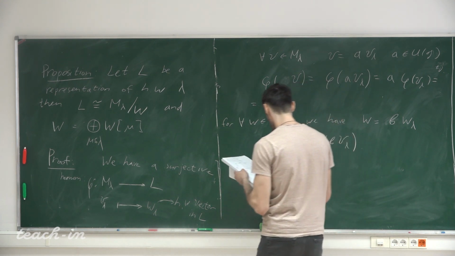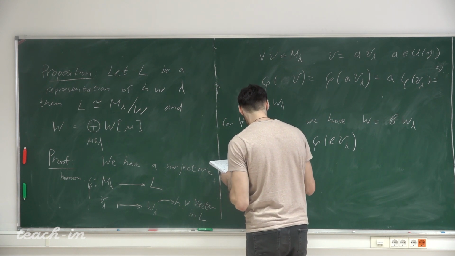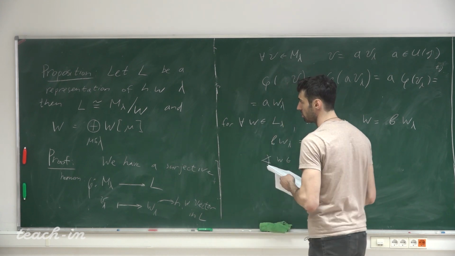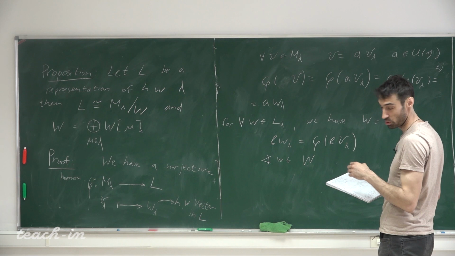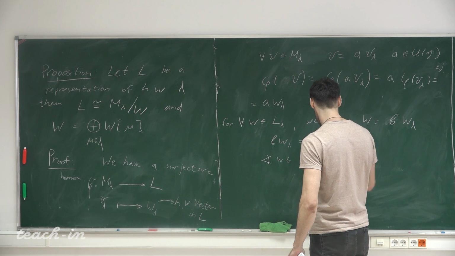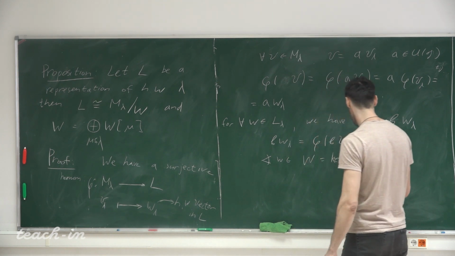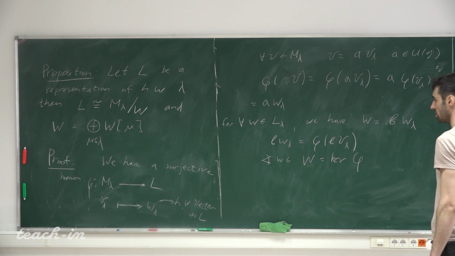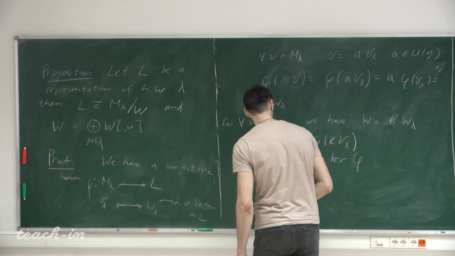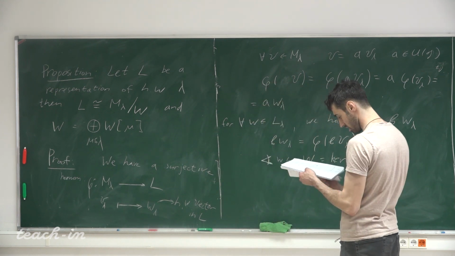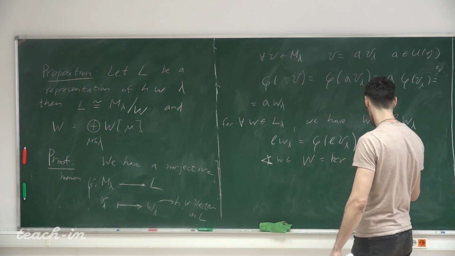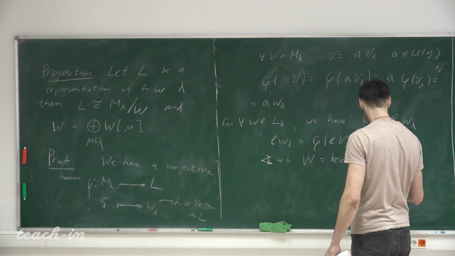So consider some w in W. Well, W is not very good because it's also a Weyl group, but I hope no confusion arises here. Specifically in this proof, it's the kernel of phi. So it's the kernel of phi, but it's an element in M lambda, right? So the kernel of phi, of course, is a subset in M lambda.